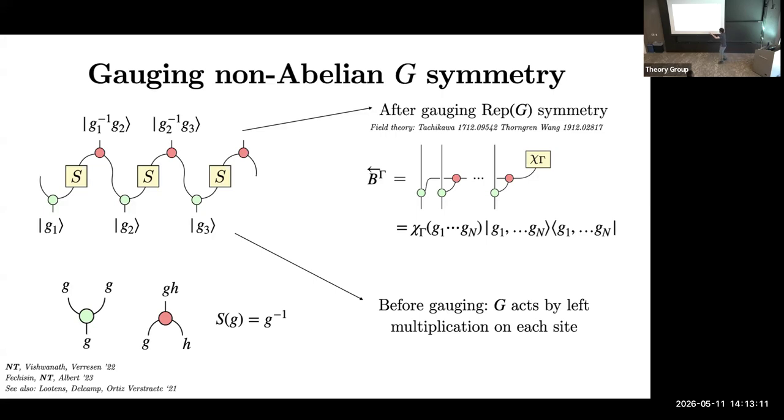And you notice that since this thing up here is always of the form G1 inverse G2, G2 inverse G3, if you plug that in up here, they're all going to cancel pairwise. So this map will act trivially on all states. So you can check that indeed this thing gets absorbed from the top.